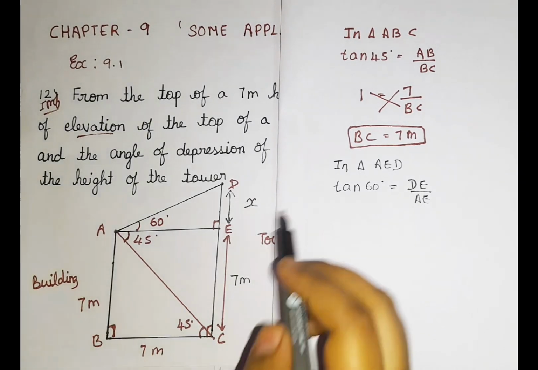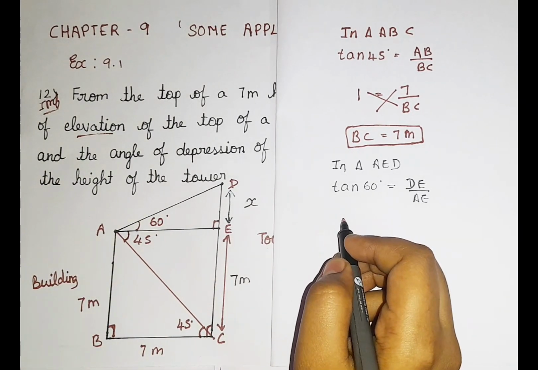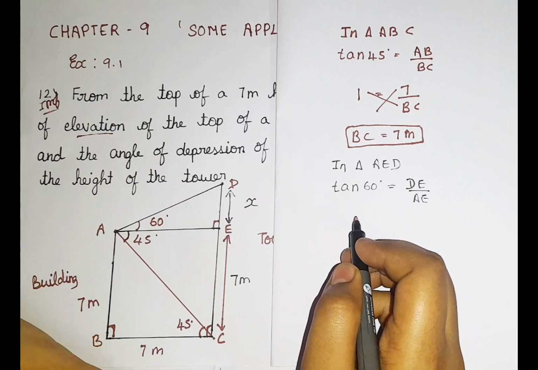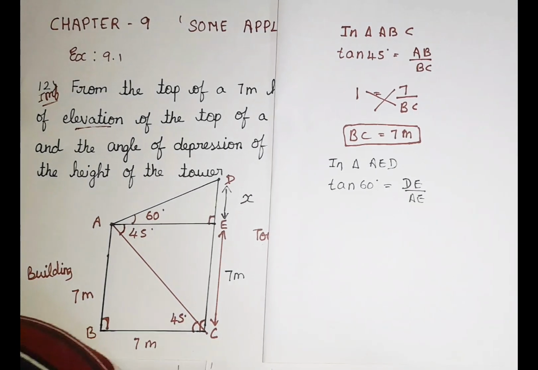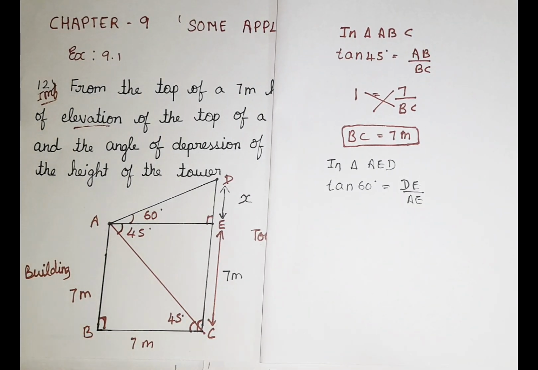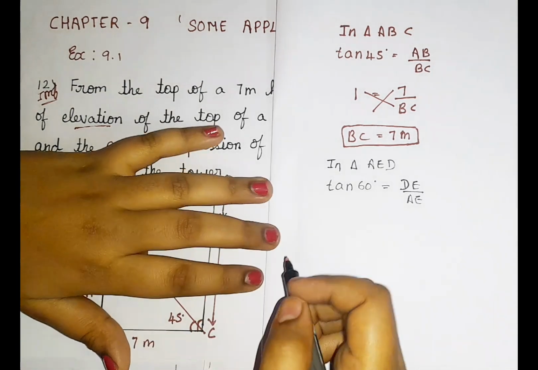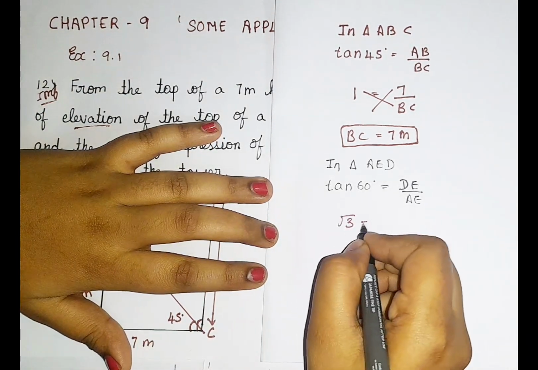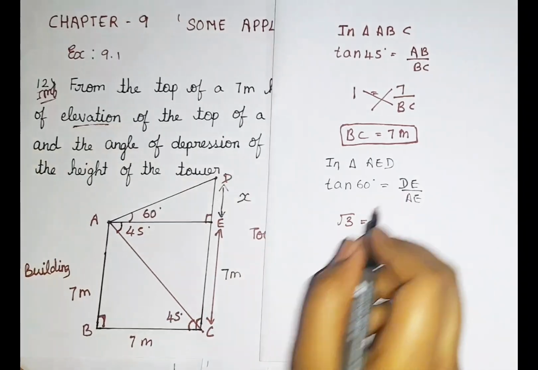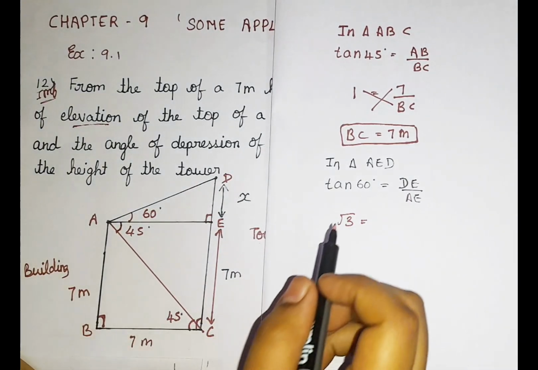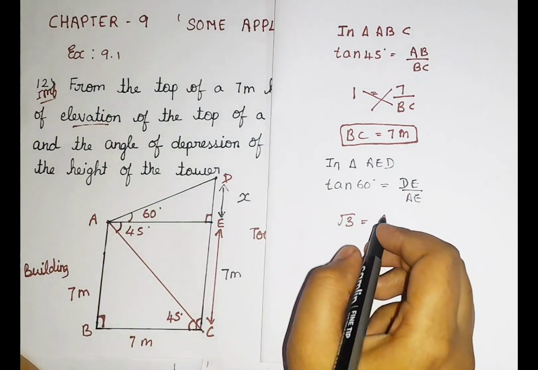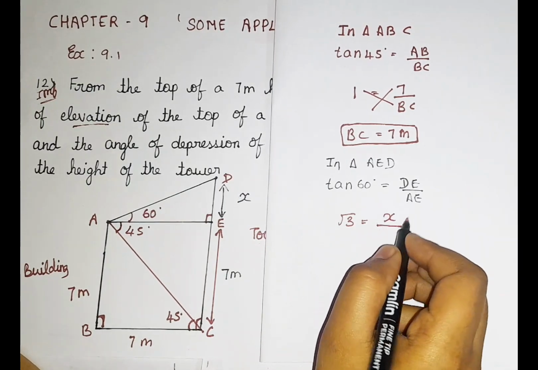Now we can substitute the value for tan 60 degree. What is the value, guys? The value for tan 60 degree is root 3. So root 3 is equal to DE, which we took as X, so X divided by the AE value.